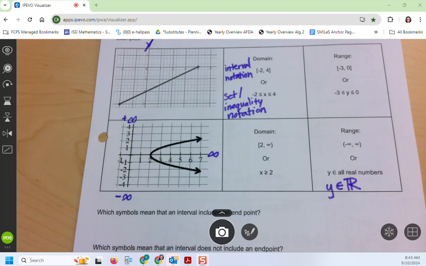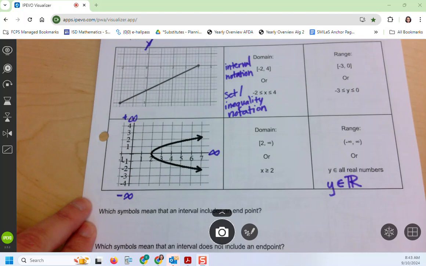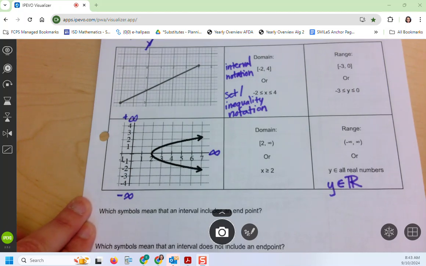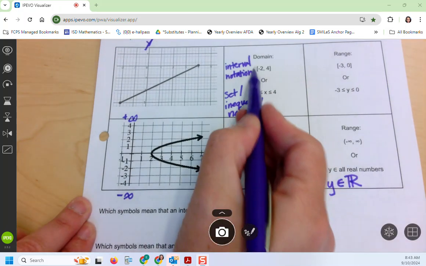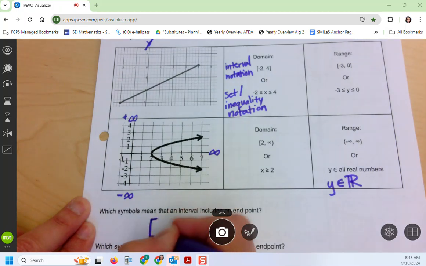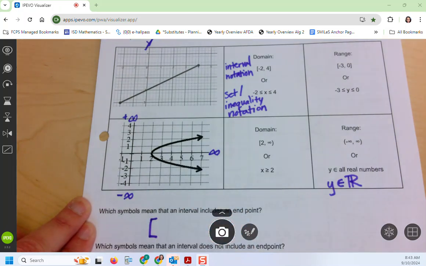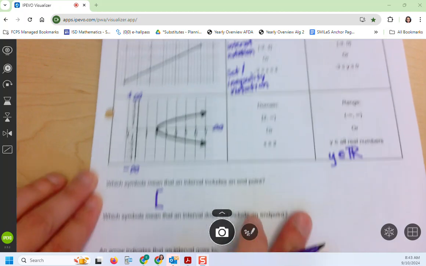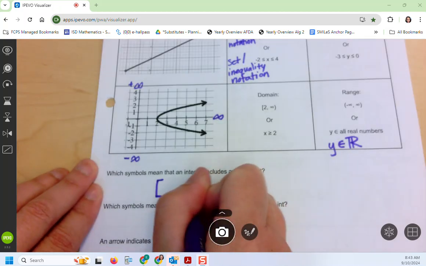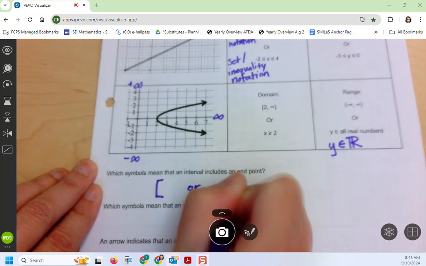Okay. Which symbols mean that an interval includes an endpoint? So some of you noticed that we include the endpoint with a square bracket, like that. And then also in inequality notation, it would look like this.